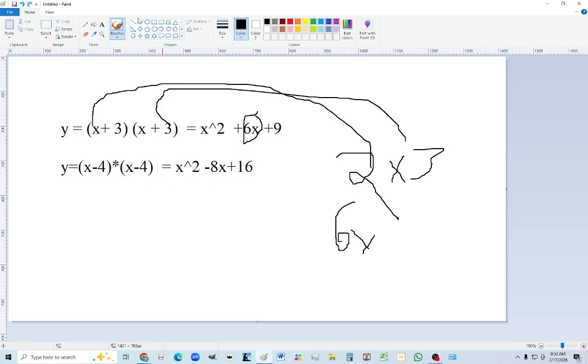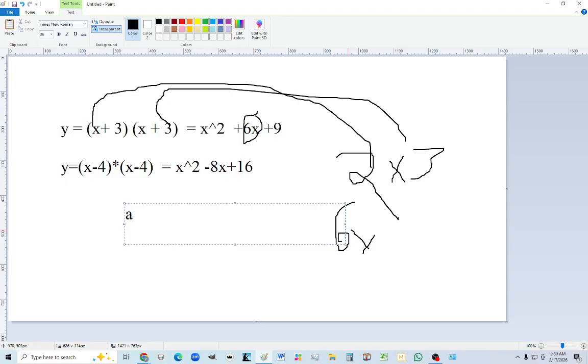So we get this very useful pattern, which is written like this. If they're both positive factors, it's a squared plus 2ab plus b squared, which just means square the first term, square the second term, and multiply the two terms by 2 to get the middle term. The second one is in this format, a squared minus 2ab plus b squared.